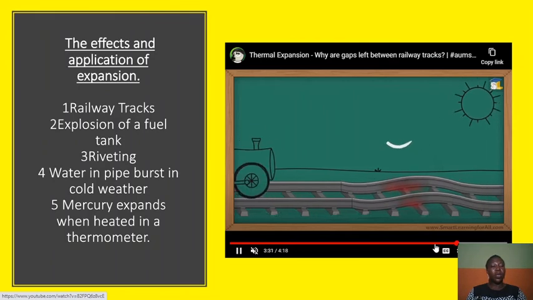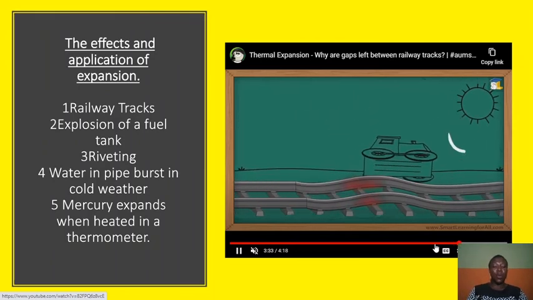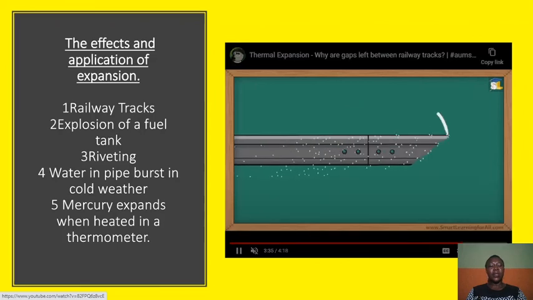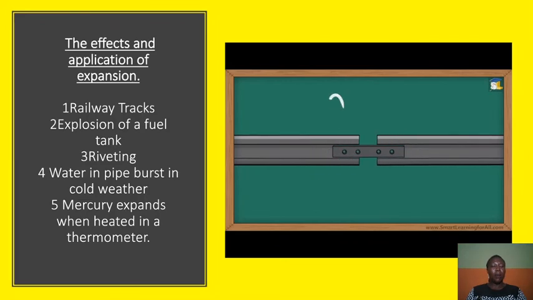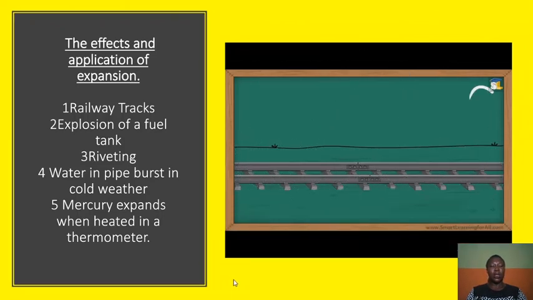The rail will expand and derail the train, or contract and derail the train. But when there is a loop or a gap between the rail tracks, what happens? It allows for expansion and contraction.